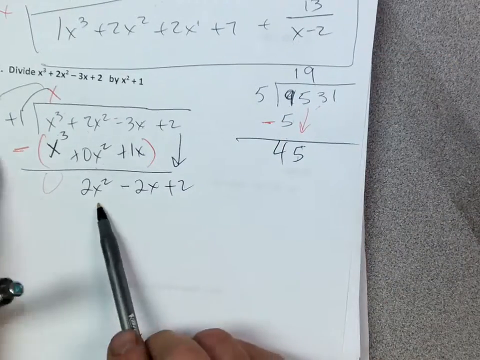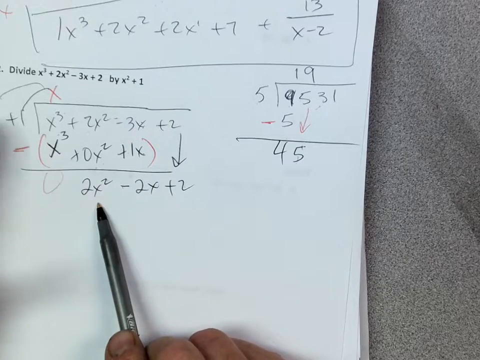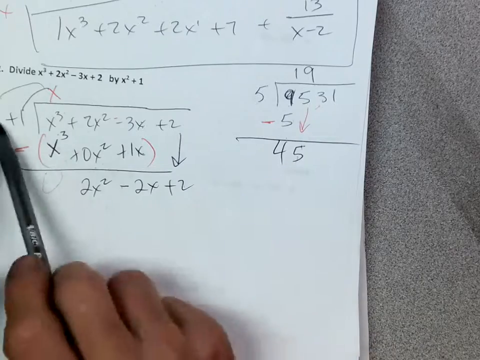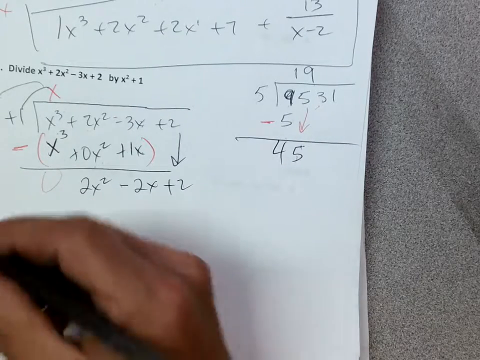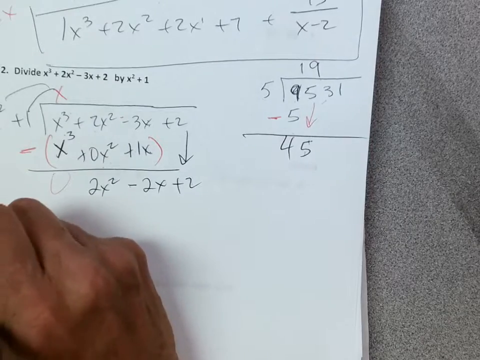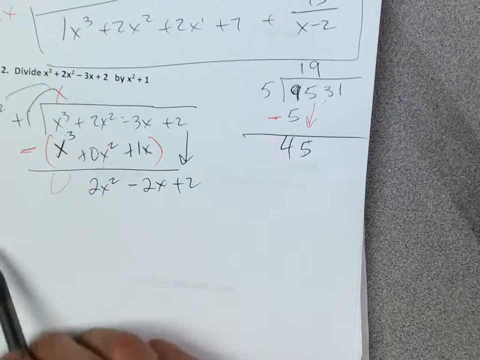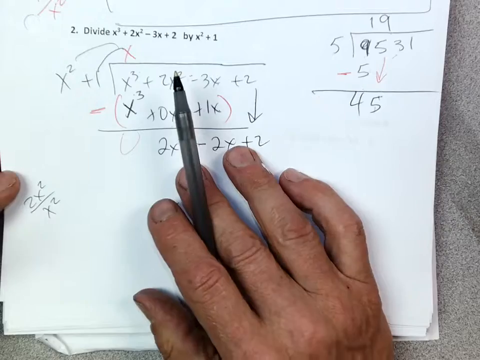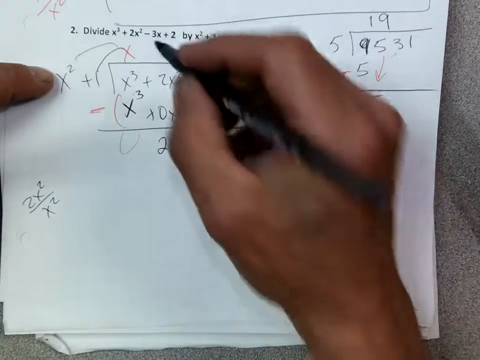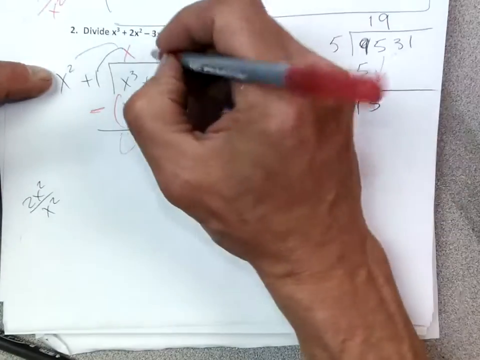Now, x squared, same thing. X squared goes into 2x squared, just like I went 5 goes into 45. Well, I'm not sure, but I can do a little side division. 2x squared divided by x squared should be 2, right? So I should be able to go up plus 2 up here.